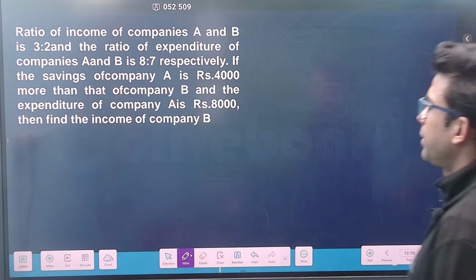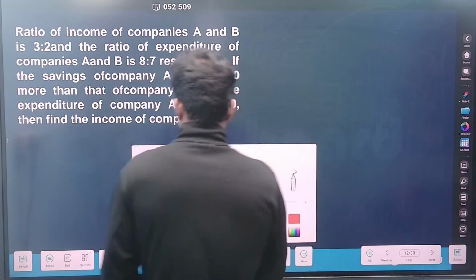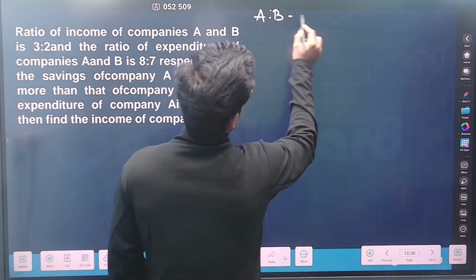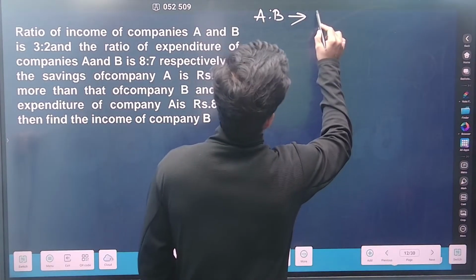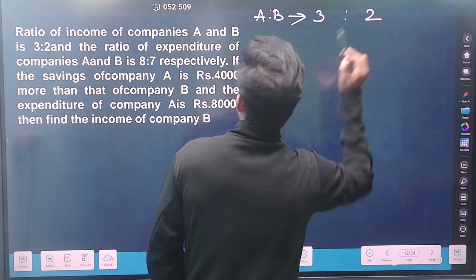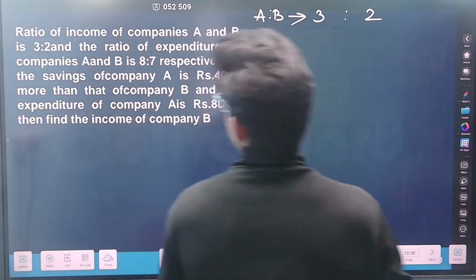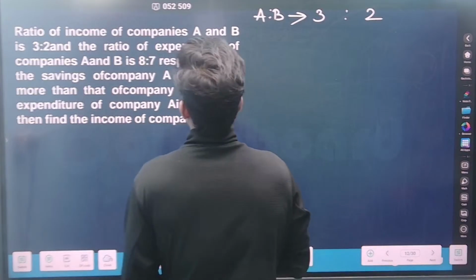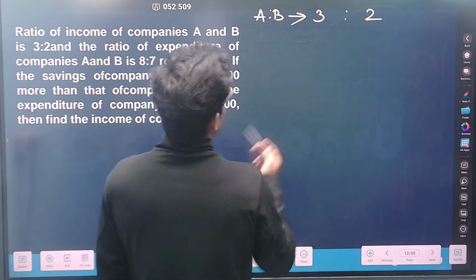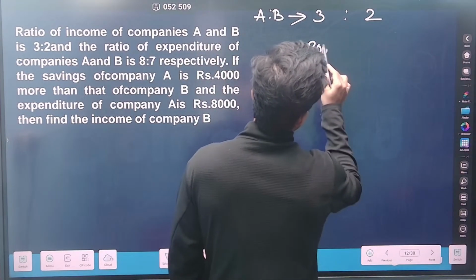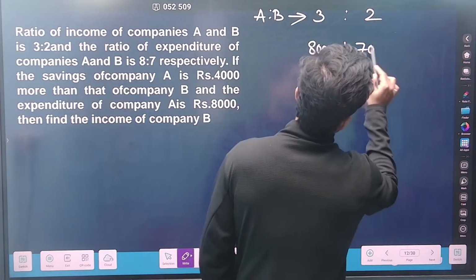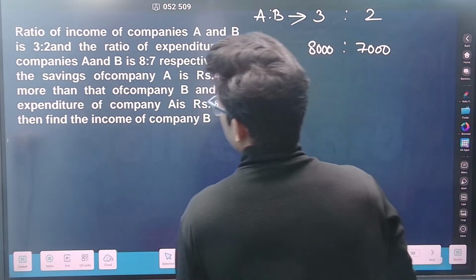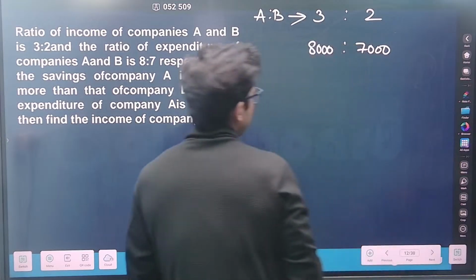The ratio of income of company A and B is 3:2. And the ratio of expenditure of A and B is 8:7. So can we write it like 8,000 to 7,000? No worries. If the saving of company A is 4,000 more than the saving of company B.